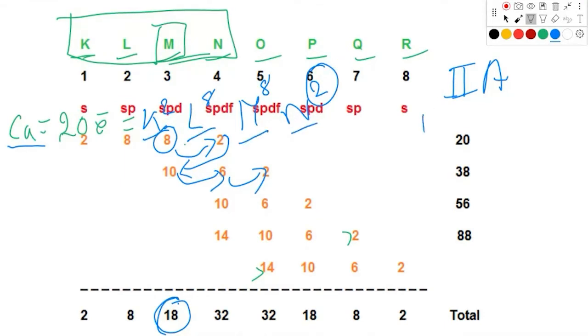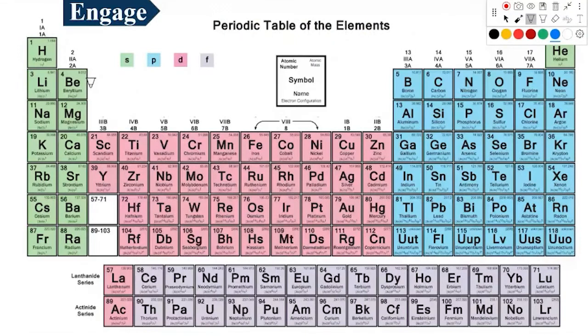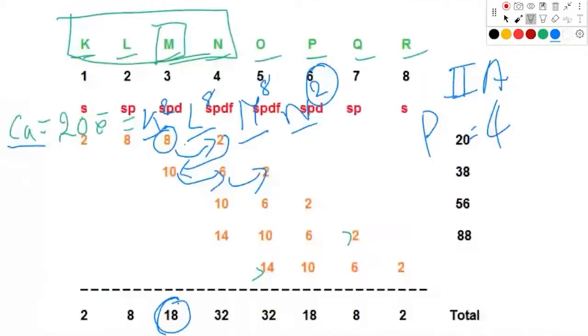So period 4, right? Let's come back to here. Calcium stays in period 4 and group 2A. Yes.